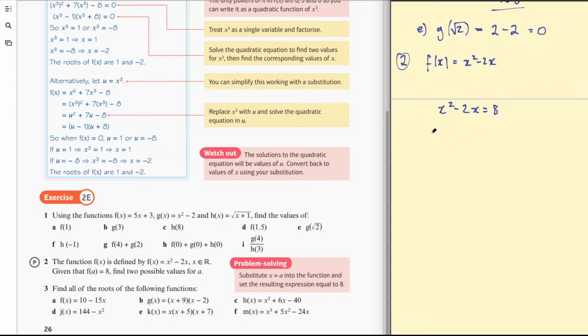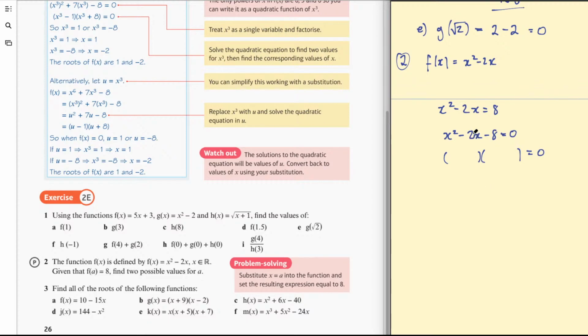So this is actually going to be quadratic, right? If we subtract that 8 from the left hand side, x squared take 2x take 8 equals 0, and then factorize as we were doing previously in the last section.